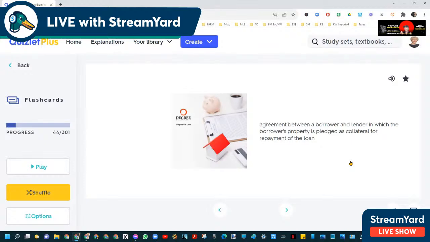The difference is that one has a non-judicial foreclosure, the other has a judicial foreclosure. So remember, I mentioned MJ, mortgage is judicial. The mortgage type of loan has to go to a court to get approval from the judge for a foreclosure. Mortgage, judicial.